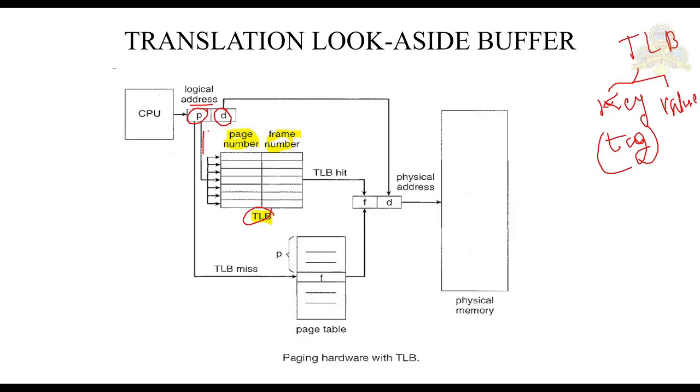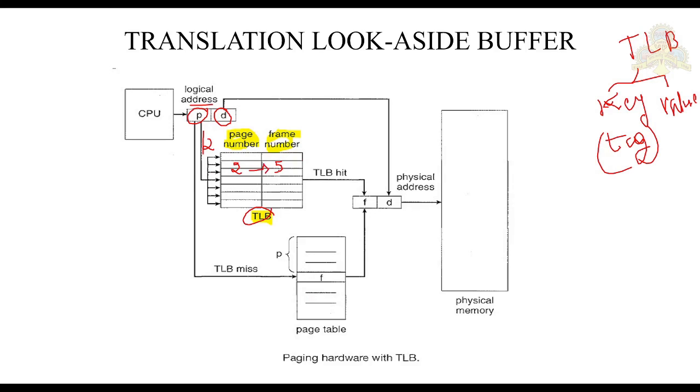Suppose the page number generated by your CPU is 2, and we have the frame number as 5. Basically the TLB has to be searched first, and only then will we go to the page table. We do not search the page table first. So first the page number is searched in the TLB, and its corresponding frame number we will get.